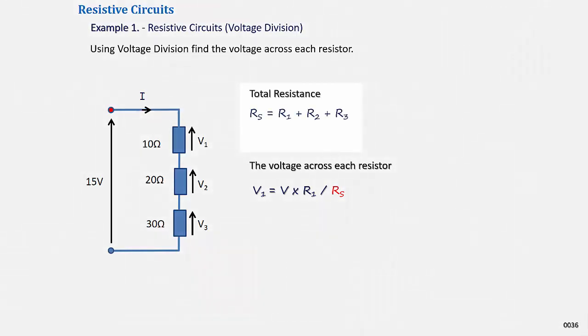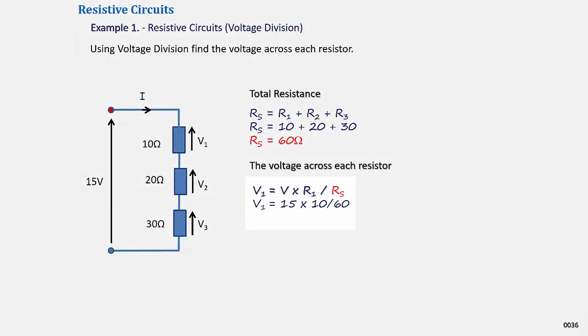So, Rs equals R1 plus R2 plus R3. Substituting the values, Rs equals 10 plus 20 plus 30, which equals 60 ohms. Now we can continue to calculate each resistor voltage using voltage division.